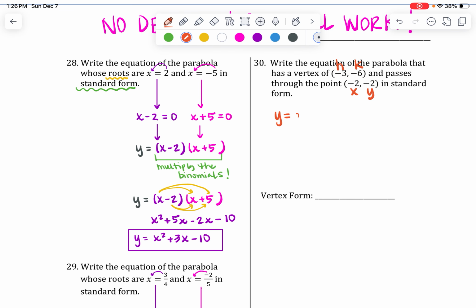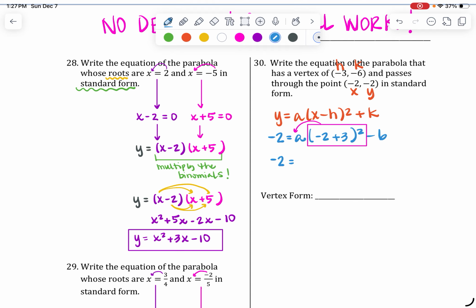So y equals a times (x minus h) squared plus k. So let's see, our y is -2. A is what we're looking for. -2 plus 3, because of the double negative with that h value, minus 6. All right, we've got to do all this. Put that in front.